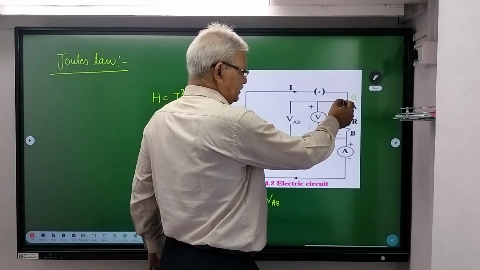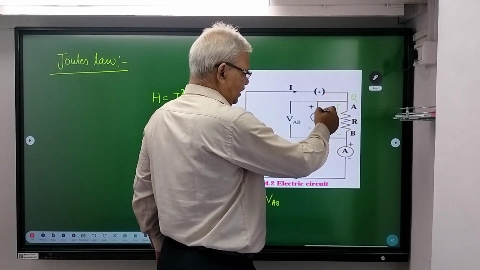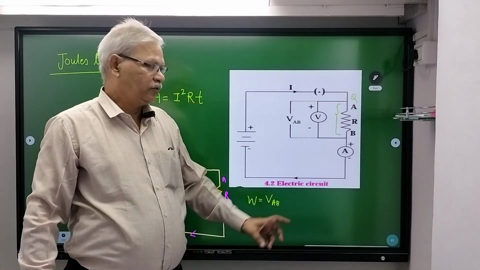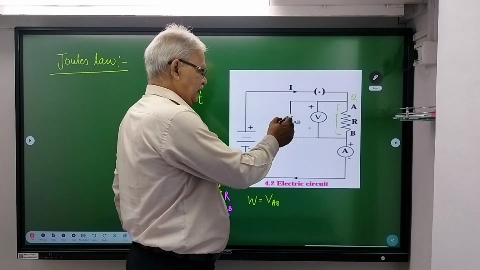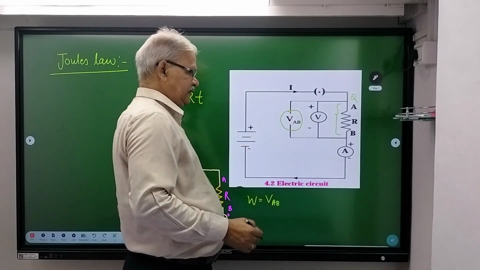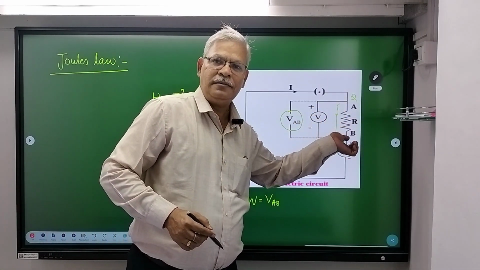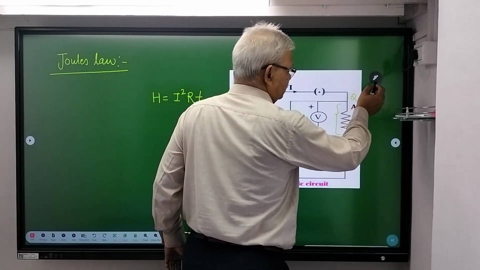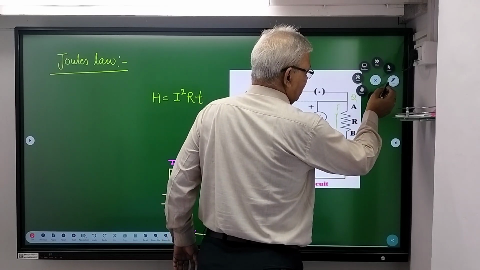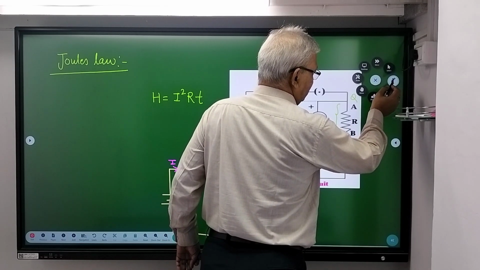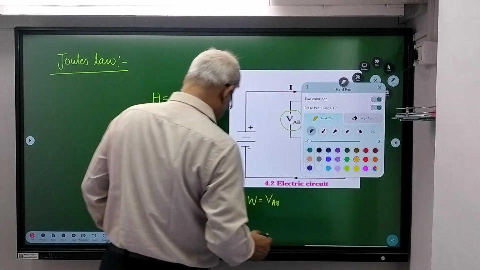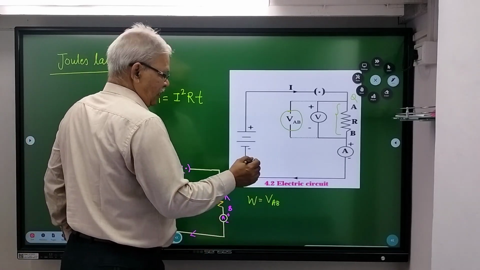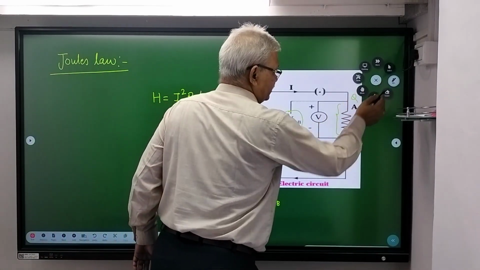And this is the voltmeter, which is always connected in parallel to the resistance to measure the potential difference between point A and B. Now I am going to complete this diagram.